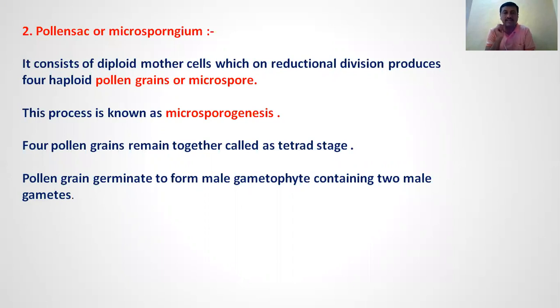This process is called microsporogenesis. And 4 pollen grains remain together, called the tetrad stage. The 4 pollen grains are joined to each other. A single microspore mother cell divides meiotically to produce the 4 haploid pollen grains. It is called the tetrad stage.